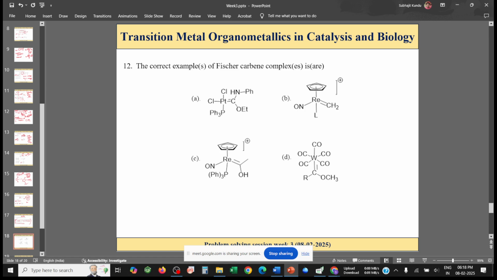The carbene which contains a heteroatom is obviously the Fischer carbene. Here is a heteroatom, here also a heteroatom, and here both are hydrogen. So all three are right answers for this question.